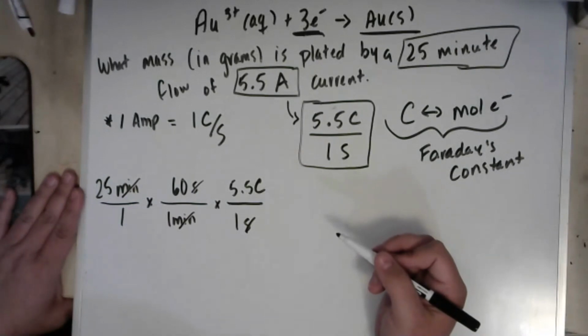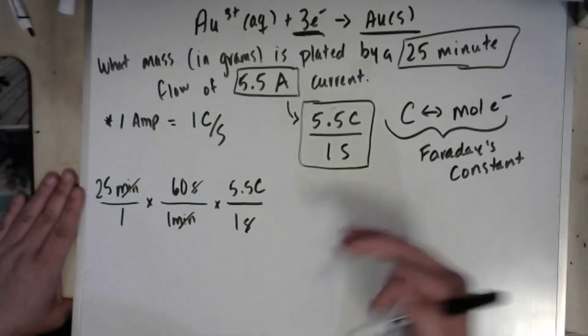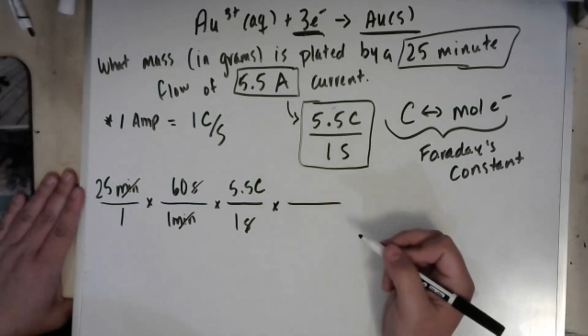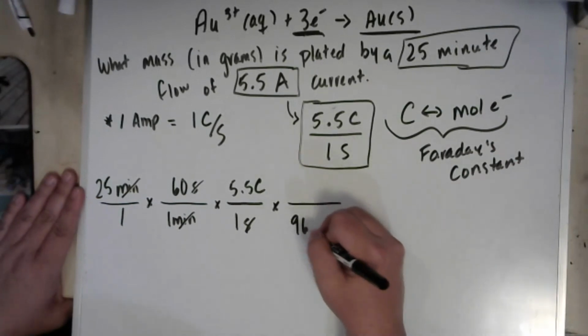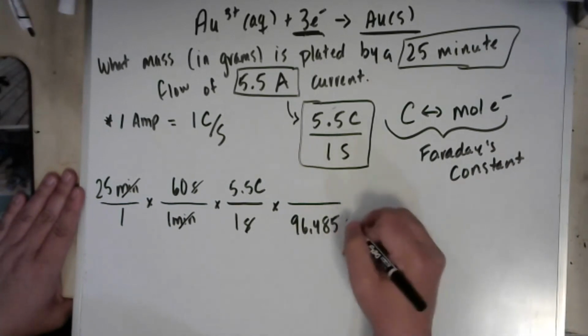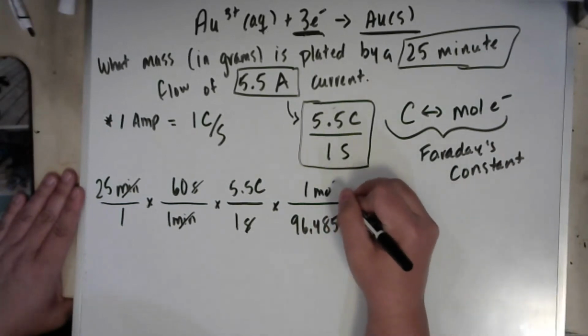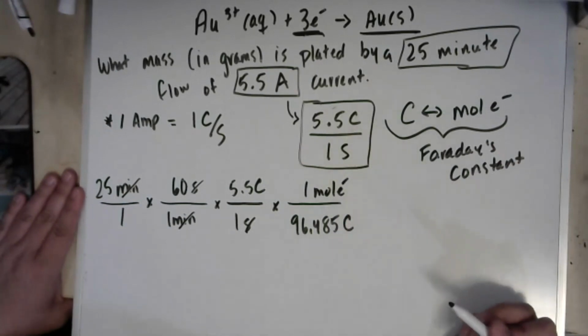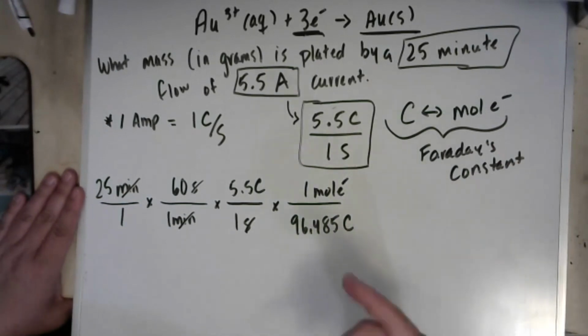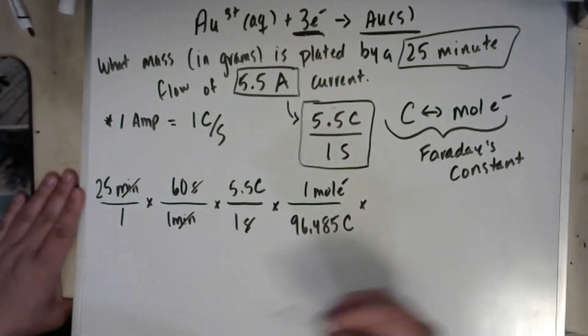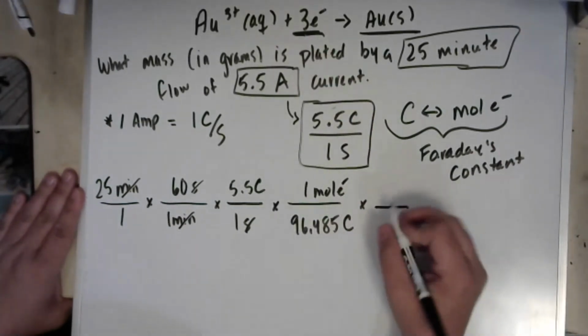Now I'm going to use Faraday's constant to go from coulombs to moles of electrons. Because Faraday's constant says that there are 96,485 coulombs in every 1 mole of electrons. And my reaction in particular has 3 moles of electrons in it for every 1 mole of gold.